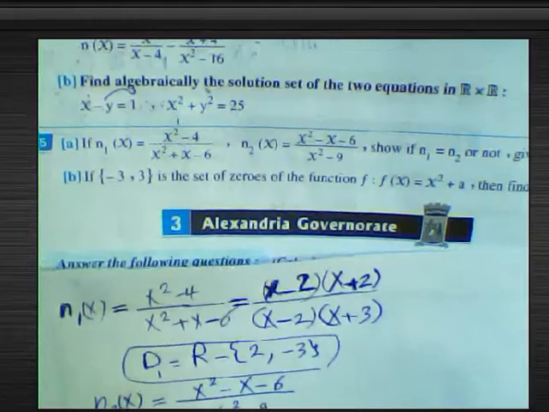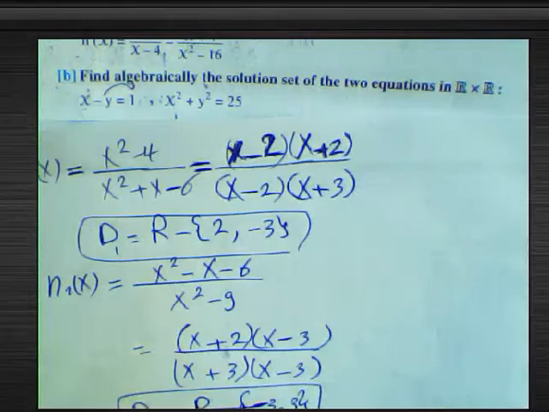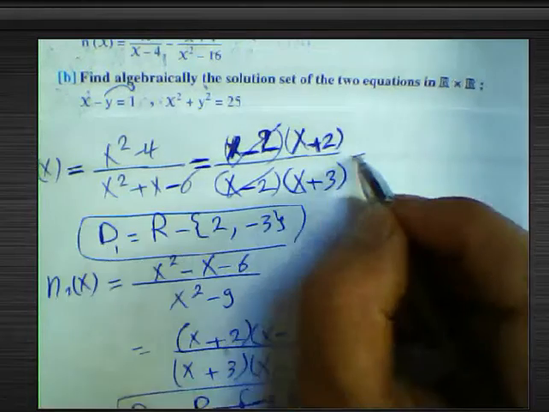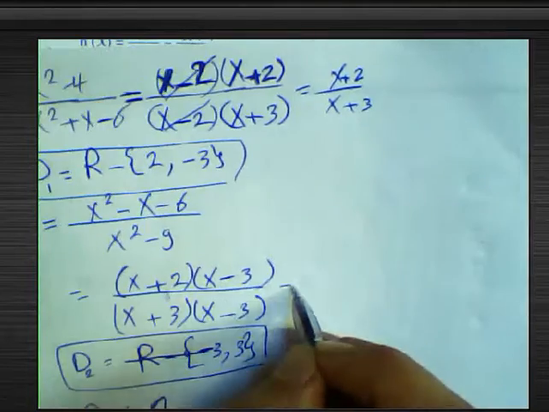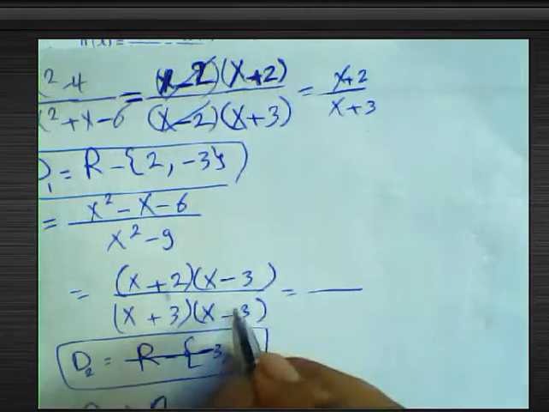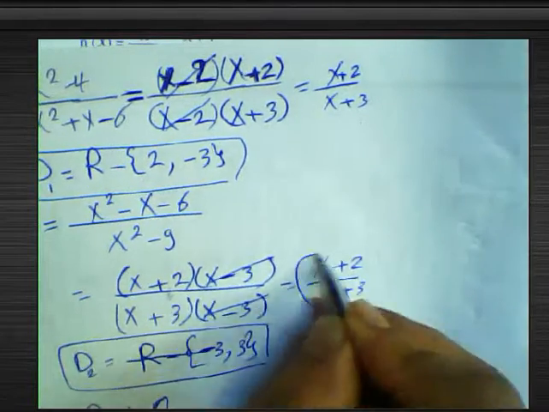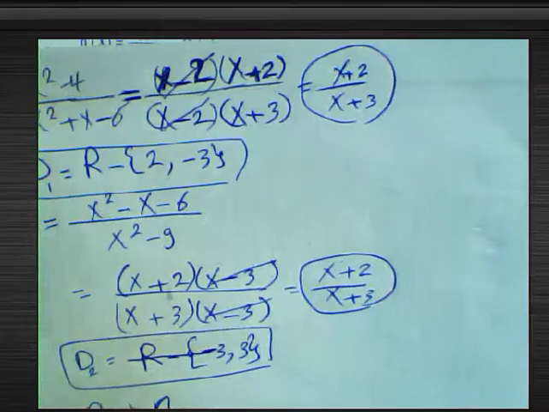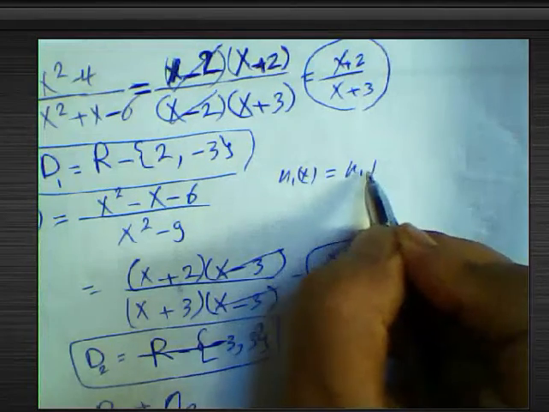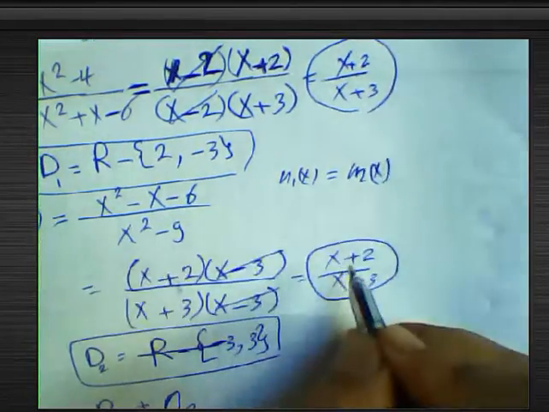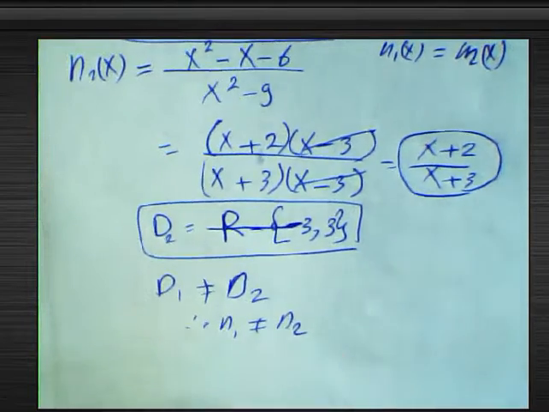Okay, so n1 does not equal n2, but n1 of x equals x plus 2 over x plus 3, and here we can cancel, the result will be x plus 2 over x plus 3. So n1 of x equals n2 of x, but domain 1 does not equal domain 2, then n1 does not equal n2.